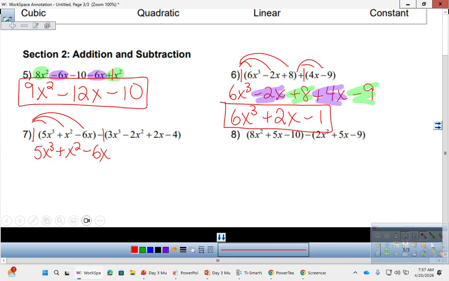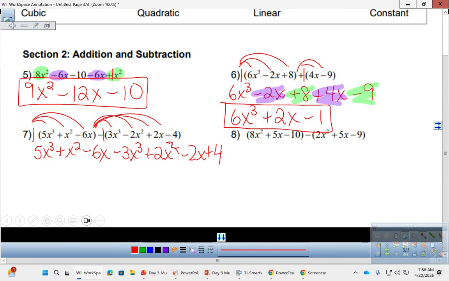For that second set, it's not really just a 1. It's a negative 1. Negative 1 times 3x to the third. Negative 1 times negative 2 is positive 2x to the second. Negative 1 times 2x. Negative 1 times negative 4 is positive 4.